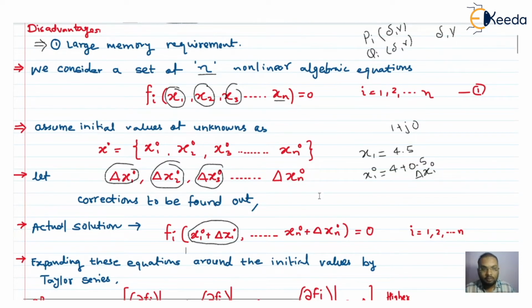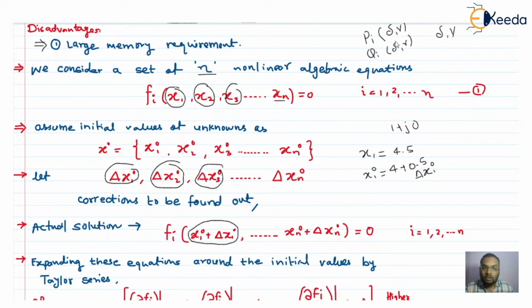I don't know exactly the value of x1; here I have just given an example. If you assume the value as 4, then you have to find this correction, that is 0.5. Finding this correction is very important, because ultimately only if you get the correction will you get to know the value of x1.